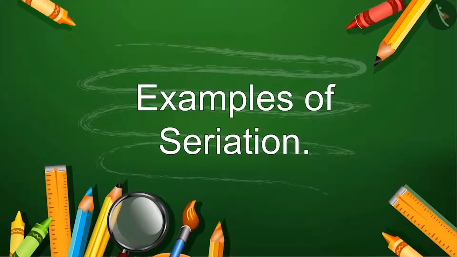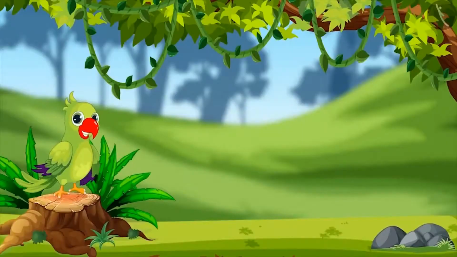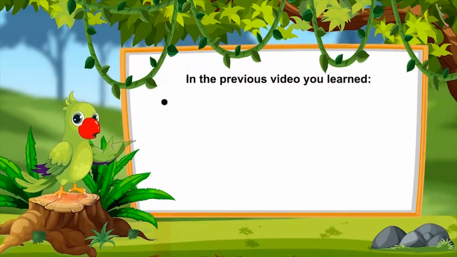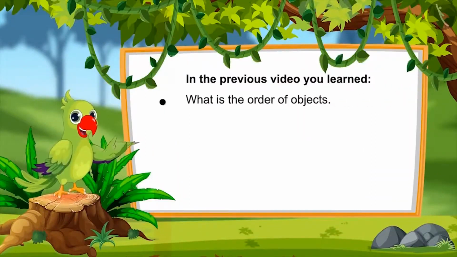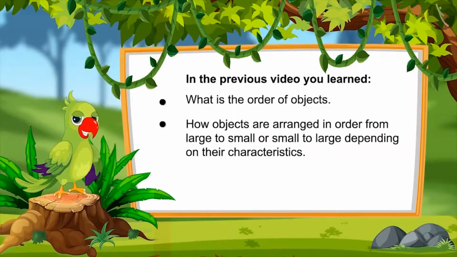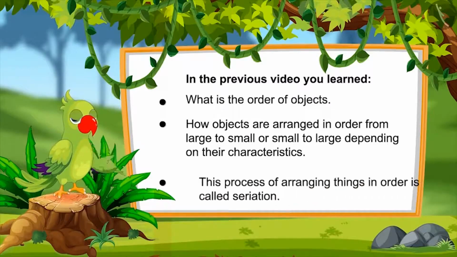Examples of seriation. So children, in the previous video you have learned what is the order of objects, and based on the characteristics of the objects, how they are arranged in large to small or small to large order.